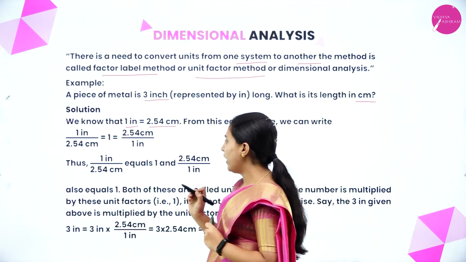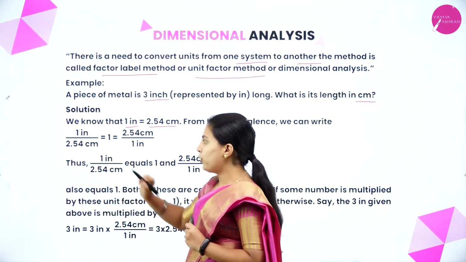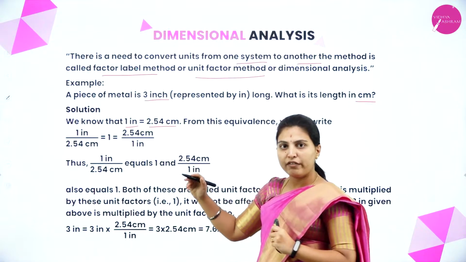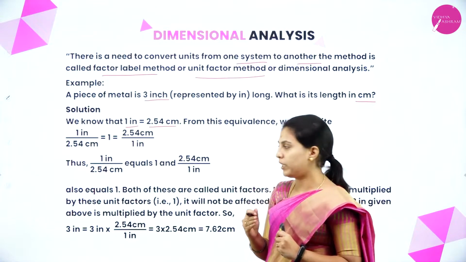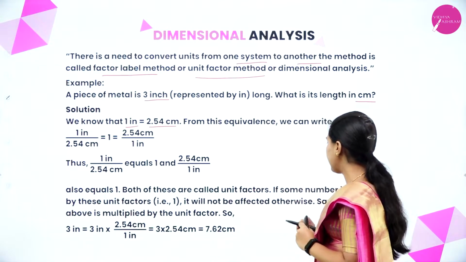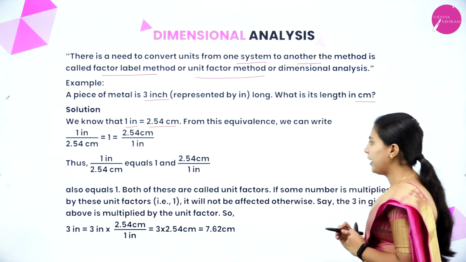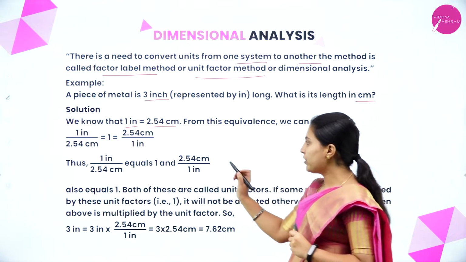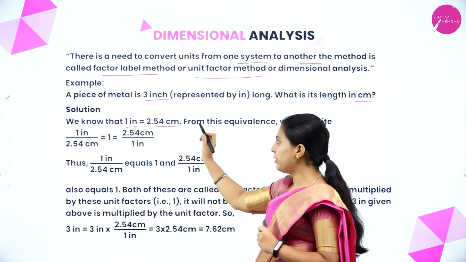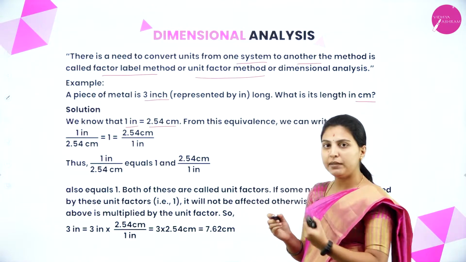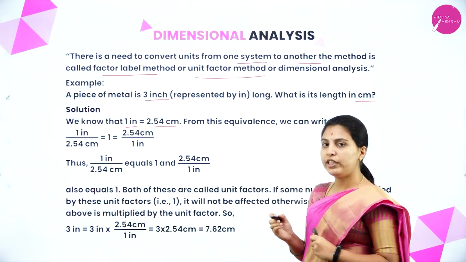Then what do we do? 1 inch divided by 2.54 centimeters equals 1, and like this you can take it with the denominator. Both of these are called unit factors. If a number is multiplied by these unit factors, its value is not affected. First we write centimeters equivalent to 1 inch, then multiply by that unit factor.